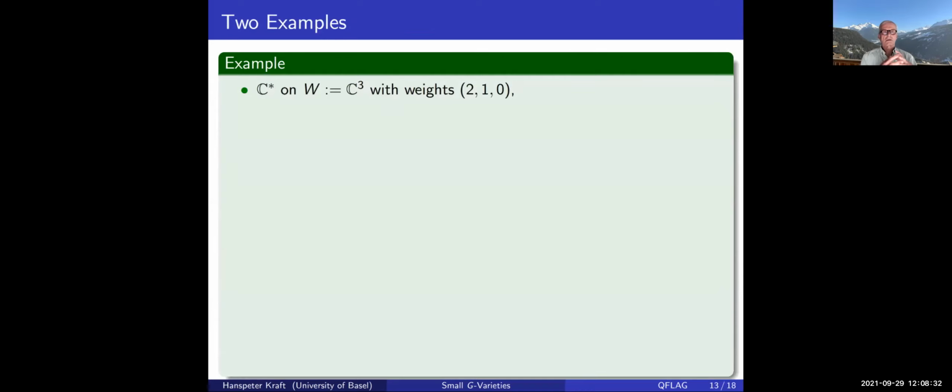And here is, let me just start with one quite interesting example. I start from the C star action. So I take C3 and the C star action with the three weights 2, 1, and 0. So on the first coordinate, it acts with t squared, on the second with t, and on the third coordinate, it does not act at all.